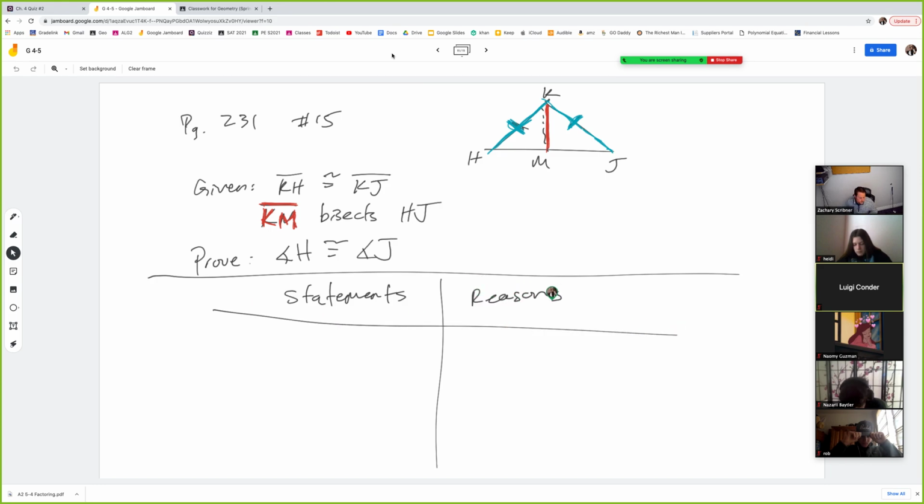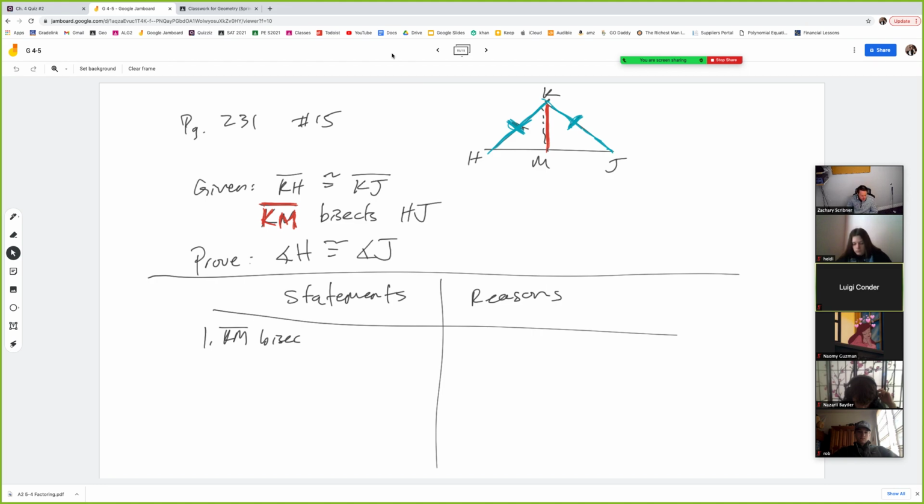Now they give you all the statements, right? They say KM bisects HJ, okay? And we simply did that. We constructed it. They told us to draw it, so it's constructed, or it's shown on the image.